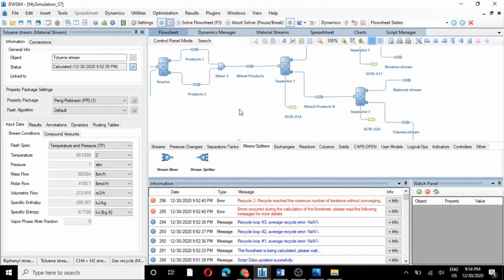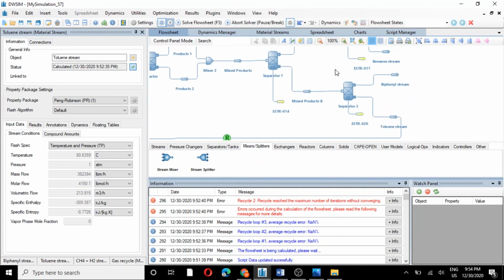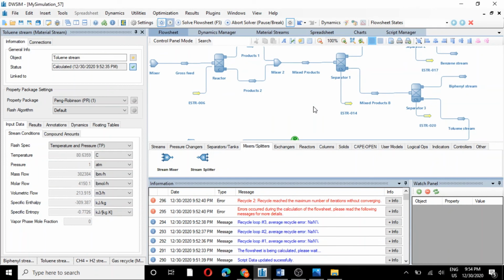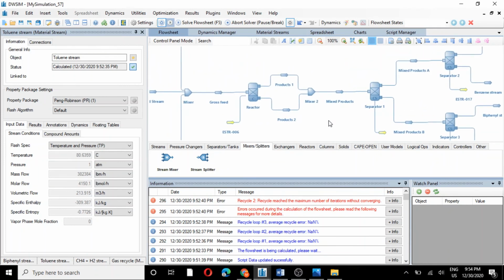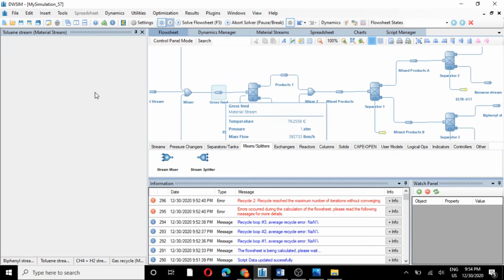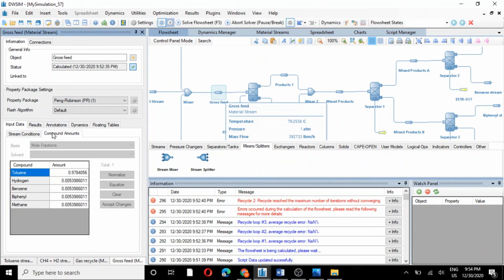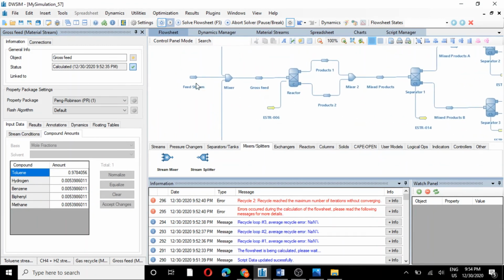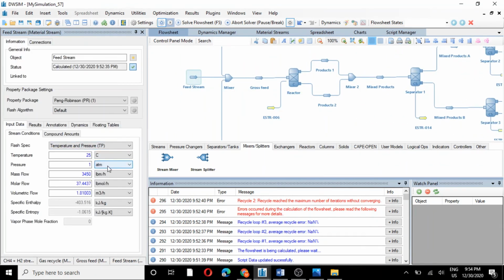Trying to fix the values so that we will attain 5.11 pound-moles per hour. To check this first. Okay, this is 3,450.